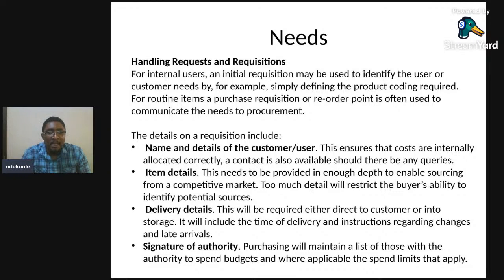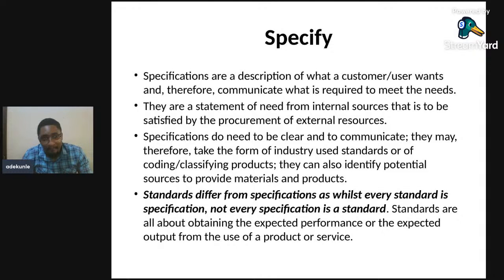In the requisition form, the internal customer will also state when they need the product delivered, either directly to the customer or into store, where it will go into storage. Of course, the signature of whoever is authorizing it will be in the requisition form.